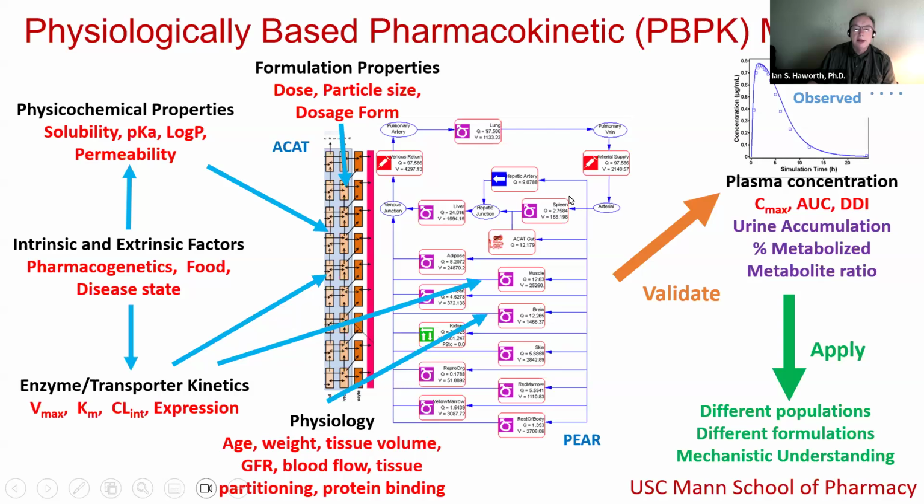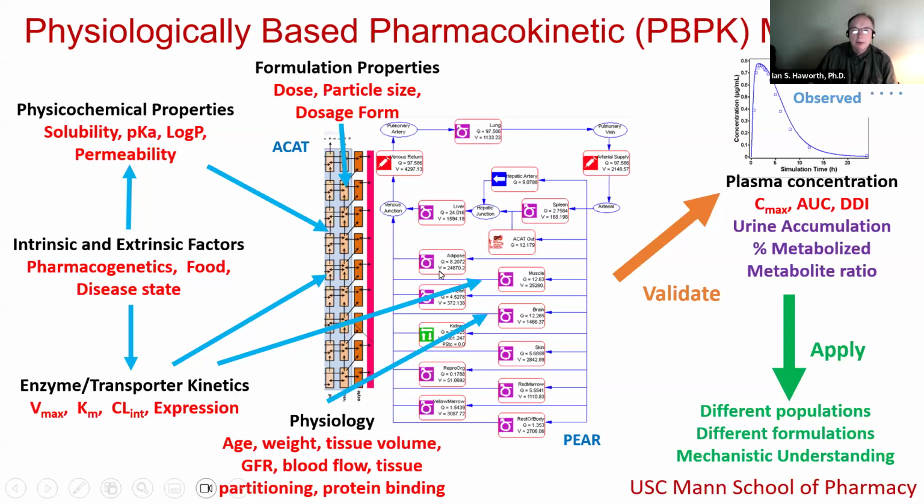And then the so-called PBPK model is the physiology model. And this has all these tissues as different compartments. They have defined sizes. They have blood flow in and out. And those parameters change with age, for example. And all of that is in the hands of the user.